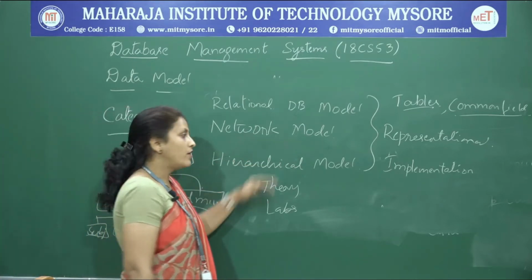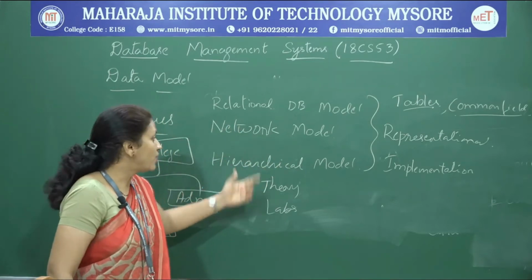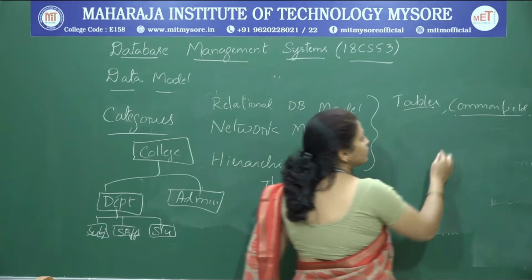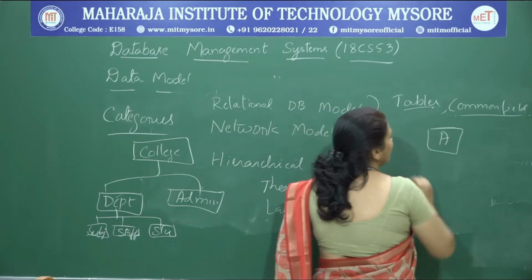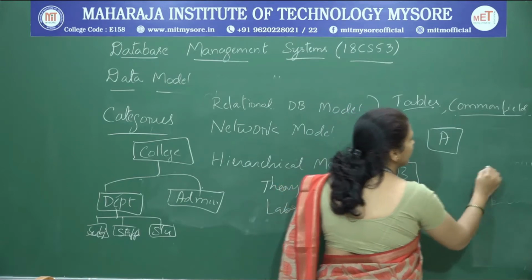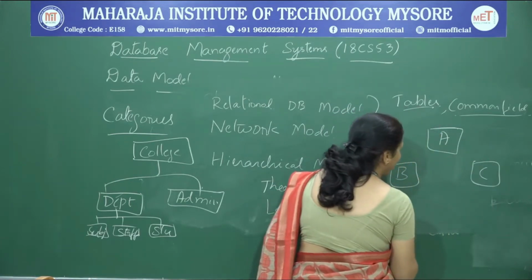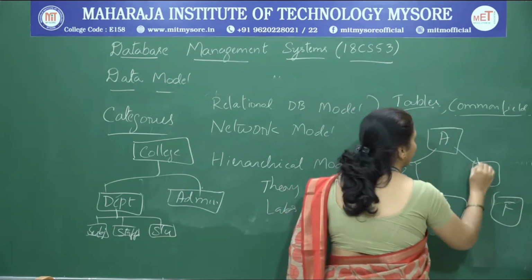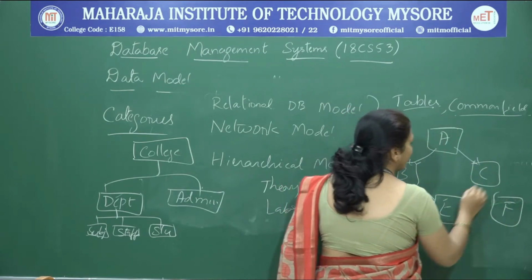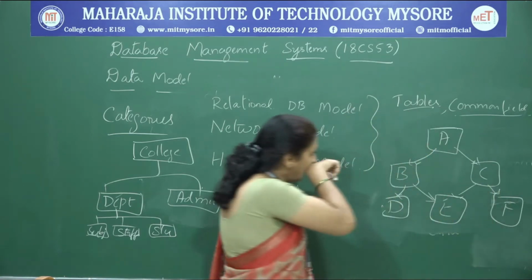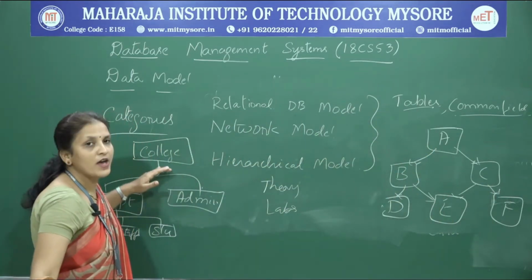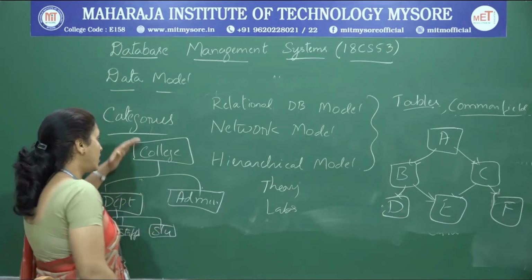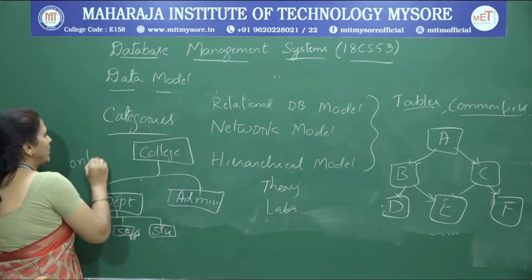Then comes the network model, which can be called an extension of the hierarchical model, wherein we can have a graph-like structure. For example, if we have entities like this, if you observe, in the hierarchical model we have one parent node followed by subsequent leaf nodes. Here the relationship is one to many.